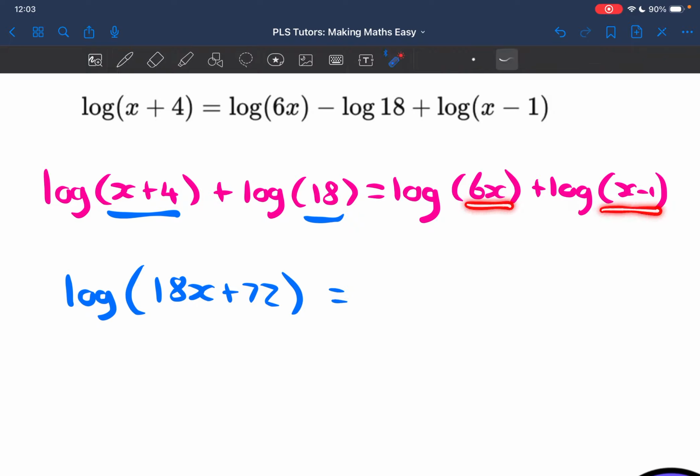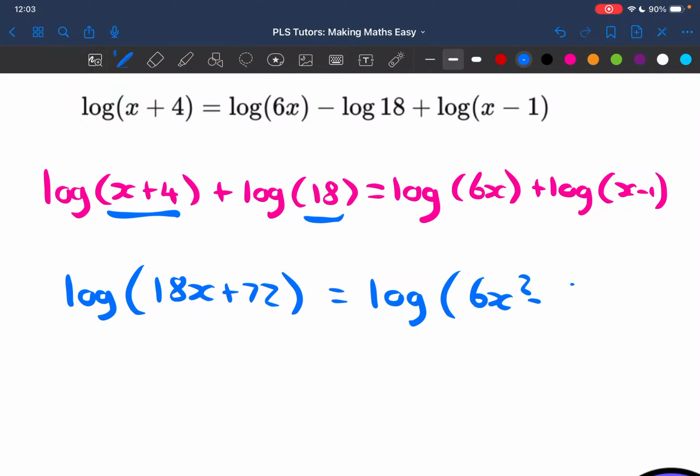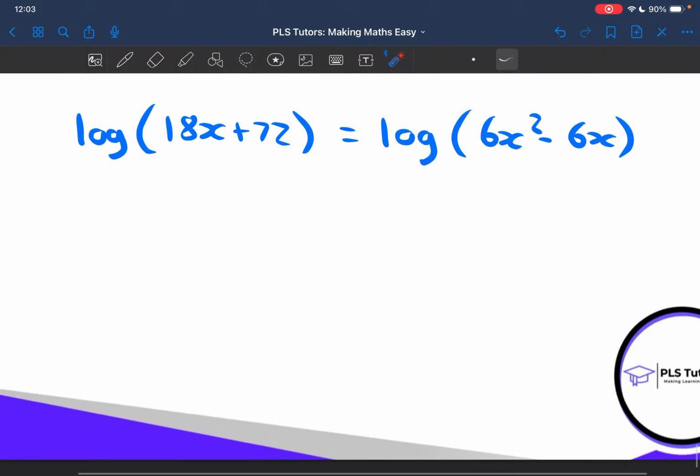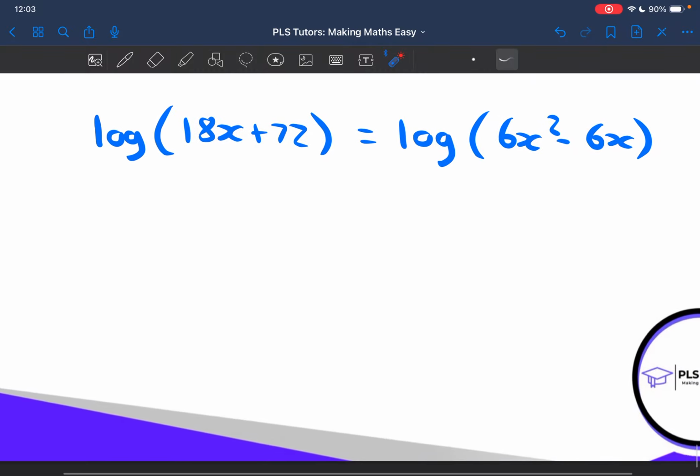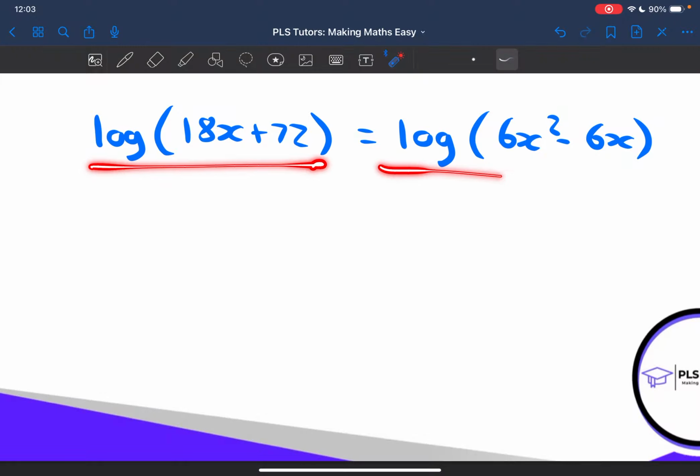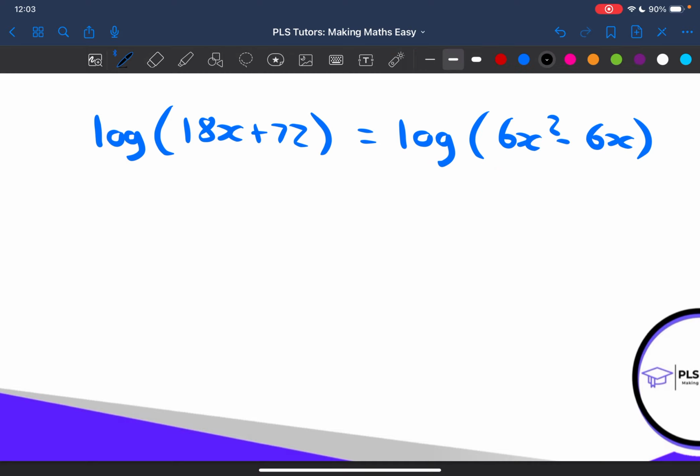That gets you log of 6x squared minus 6x. Now, this is the other type of solving that I showed you at the start, where you have log equals log. Because there's no number before each of the logs, we can just cancel them out. So we have 18x plus 72 without the log is just equal to the inside of this side.